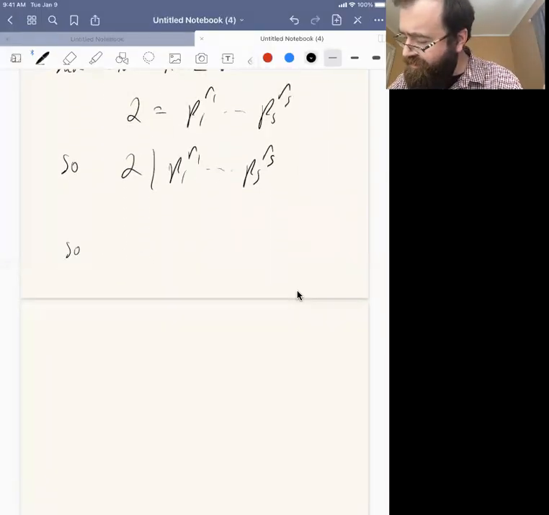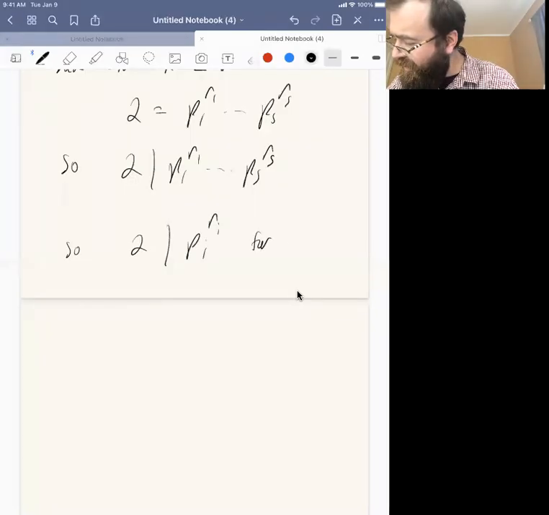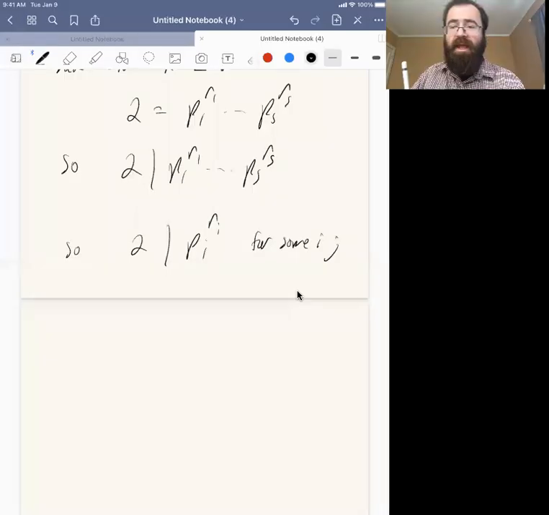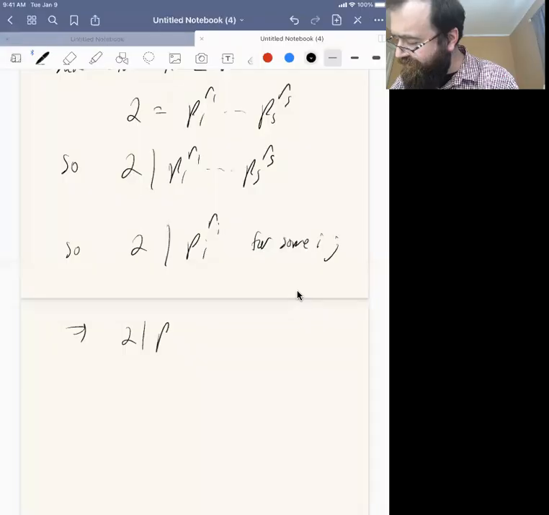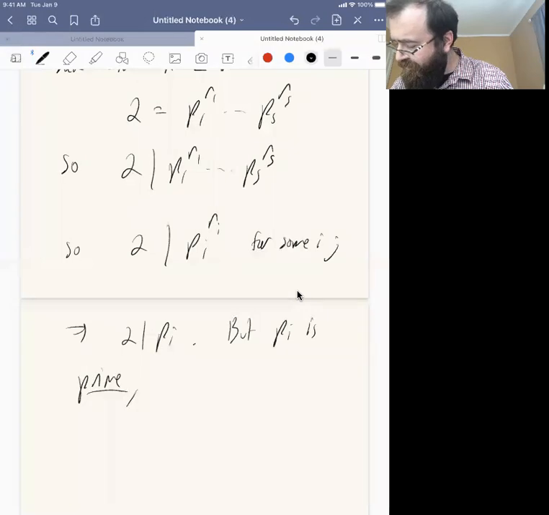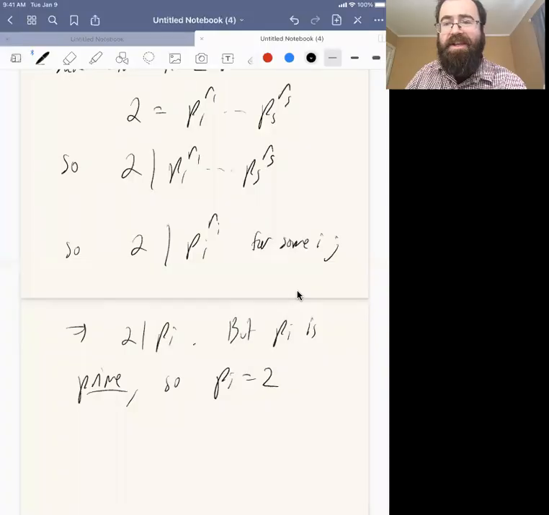So 2 divides pi to the ri for some i. And since pi to the ri is just pi times pi times pi, 2 has to divide the pi. And so this implies that 2 divides pi. But pi is prime. So pi is 2. If 2 divides pi, then pi is 2.